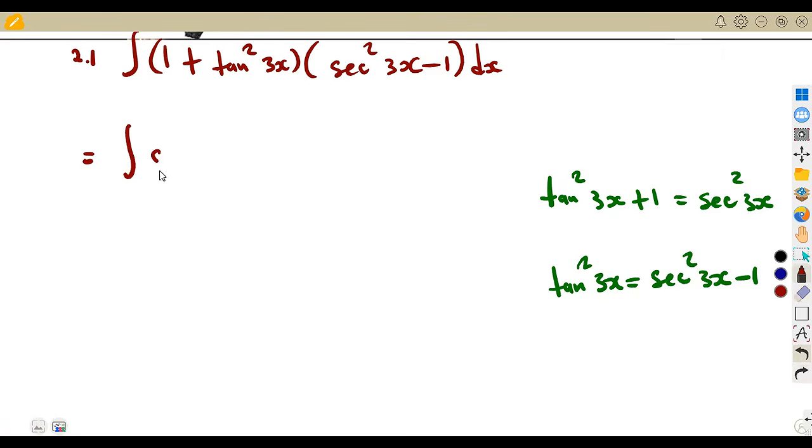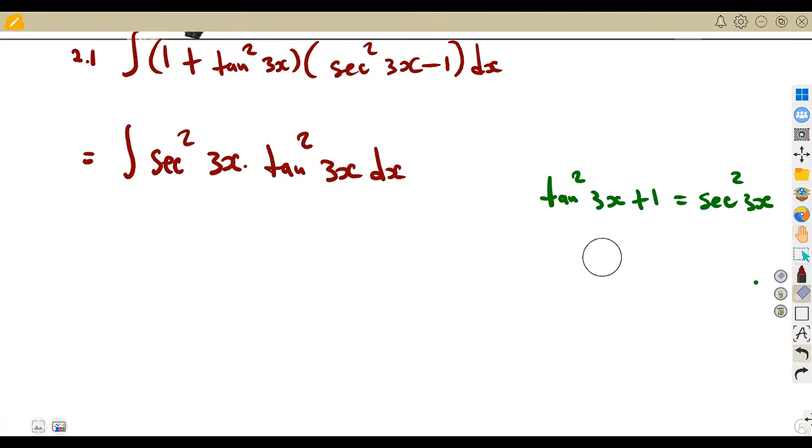So this will be the integral of sec squared 3x times sec squared 3x minus 1, which gives us tan squared. So we are going to have tan squared 3x with respect to x. This is where we are. We just rewrote this in another way.